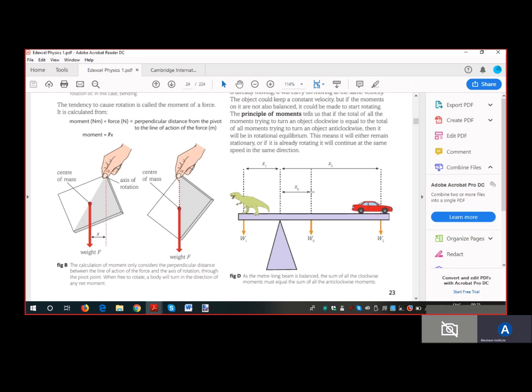You can see the dashed line; this is the line of action of the weight force, and this is the perpendicular distance from the pivot. It makes a 90-degree angle. So the clockwise moment exerted by the plank about this point is W0x0.